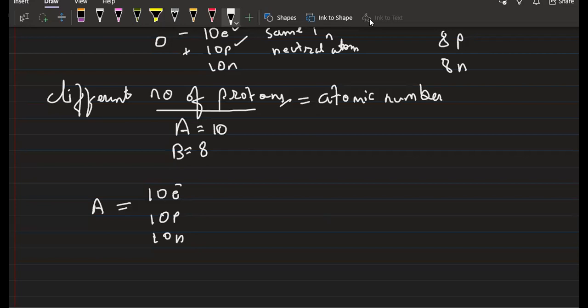Instead of 10, I'll make it 11. Just forget about neutrons; we won't discuss them. We'll just discuss protons and electrons. So suppose we have 11 electrons and 11 protons, and then an atom B, which has 9 electrons and 9 protons.